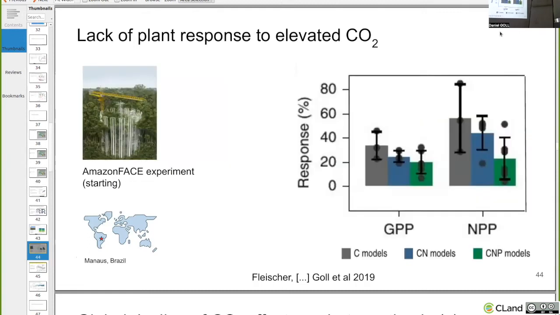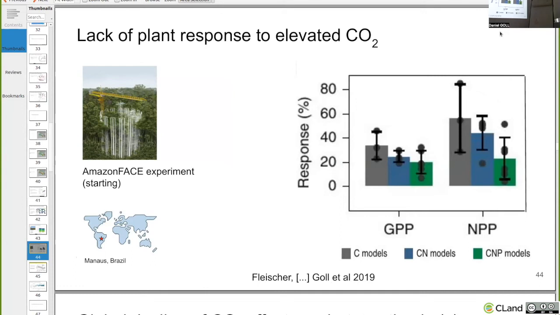We did a similar exercise for a free air carbon enrichment experiment in Brazil. It's just starting because there are problems with funding the CO2 to fumigate such huge trees. In the meanwhile, we used a bunch of carbon, nitrogen, and phosphorus models and made predictions of what the models would predict, how the experiments should look in reality.